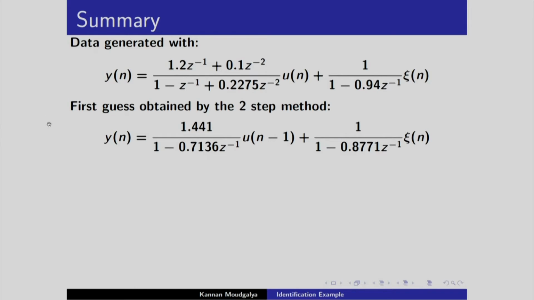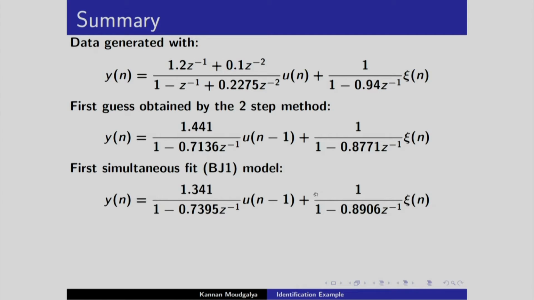Then the first guess we obtained by the two-step method. We determined this first, and then we found that the residual was not white. We fitted that separately, we got this transfer function.